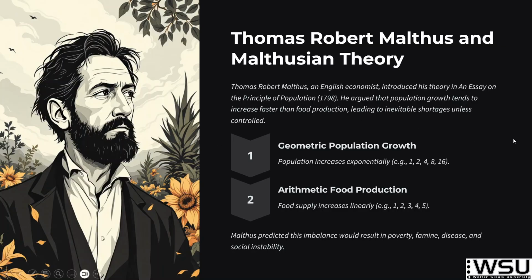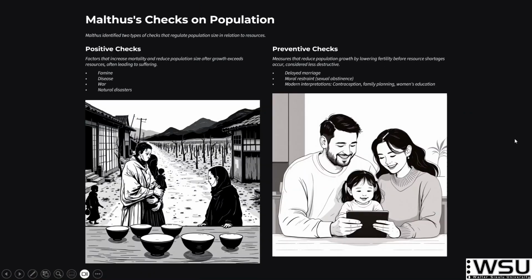And the question is, is it true? And we will argue on this as we move on. And so Malthus says, okay, we have a problem. The problem is population growth. So what is the problem of population growth? It is that food grows arithmetically, but the population is growing geometrically.